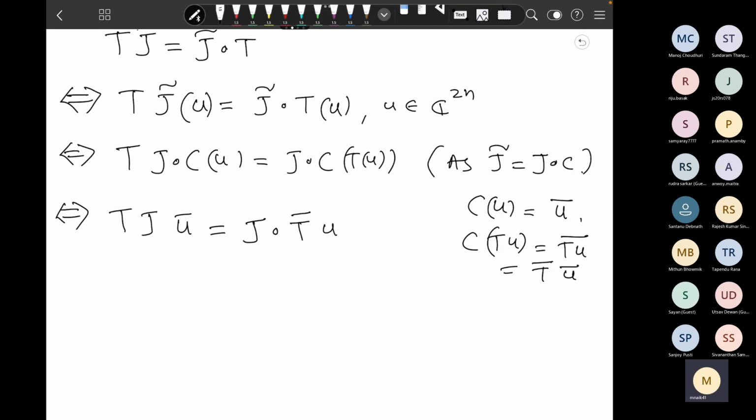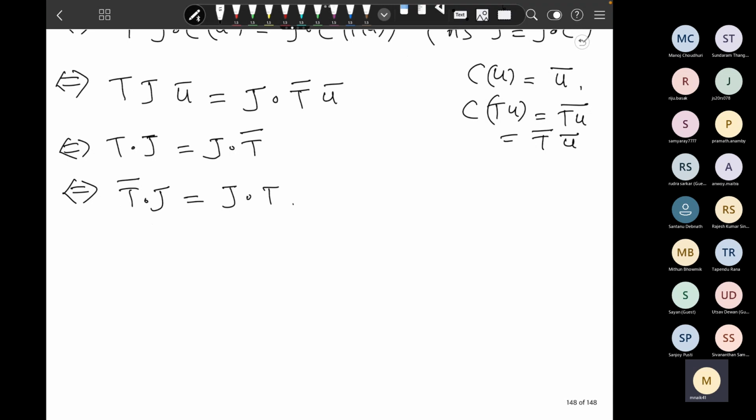Since u bar is arbitrary, I get T composition J is equal to J composition T bar. This is equivalent to saying T bar J is equal to J T.